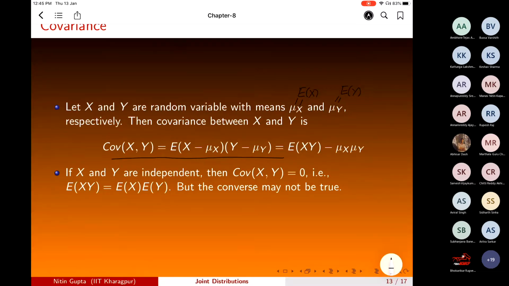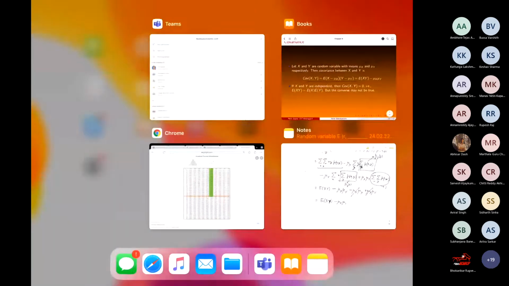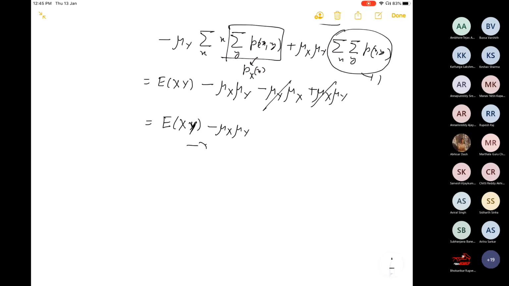So let us show that if X and Y are independent, then the covariance between X, Y is 0.